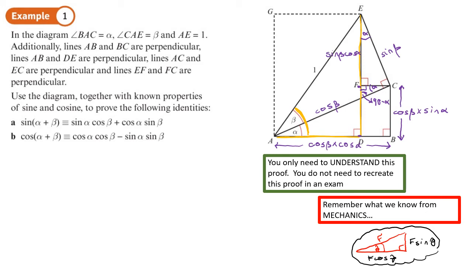And this side here, so let's just put down that we've just worked out the length of that. This side here, F to C, that's going to be equal to the sine of alpha times sine beta, or sine beta times sine alpha.